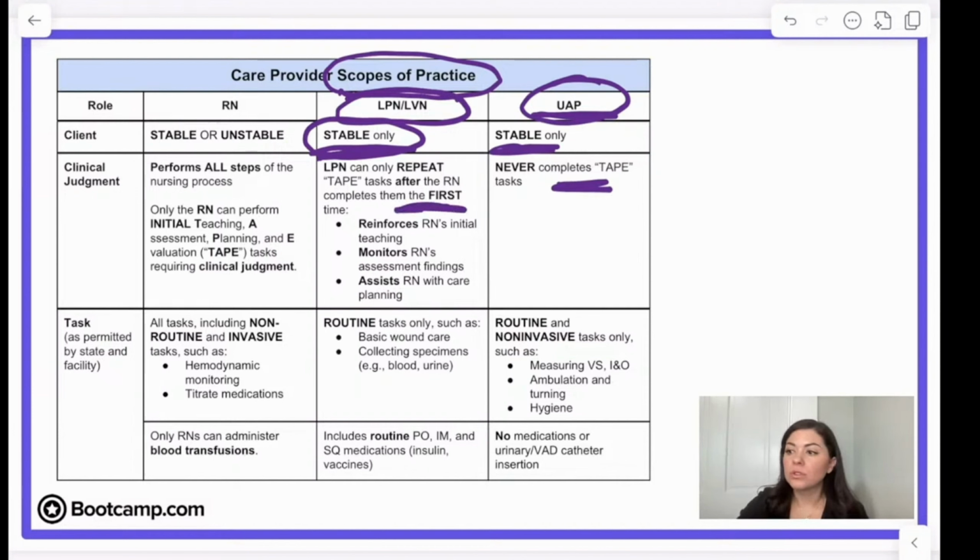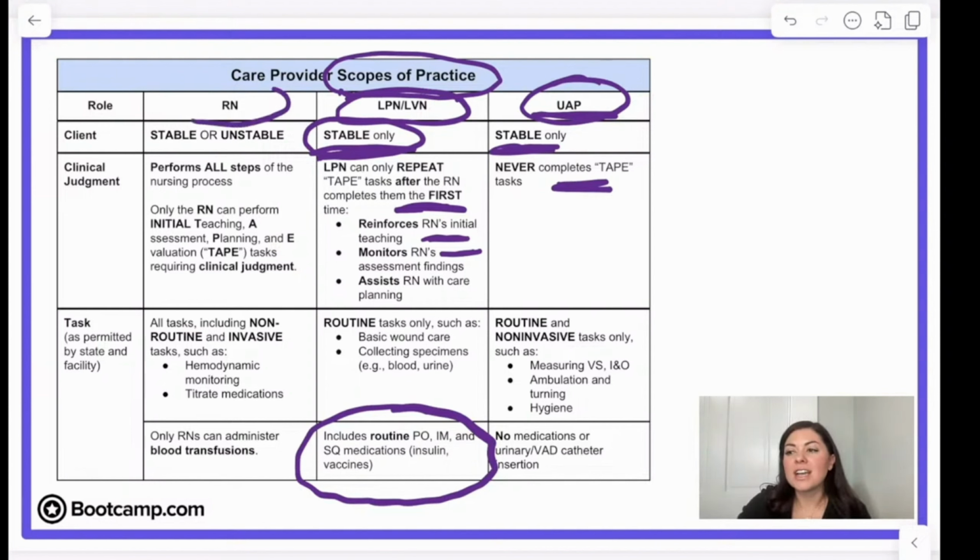So they are able to help with reinforcing teaching after the RN has already provided it, and they're able to help monitor assessment findings after the RN has performed the assessment. I know it can get a little tricky, but remember, when it comes to the nursing process, the registered nurse always has to perform that task first. And they can also administer medications, but it really depends on where you live, so you don't see those questions as often, but they are able to typically administer oral medications, that kind of thing.